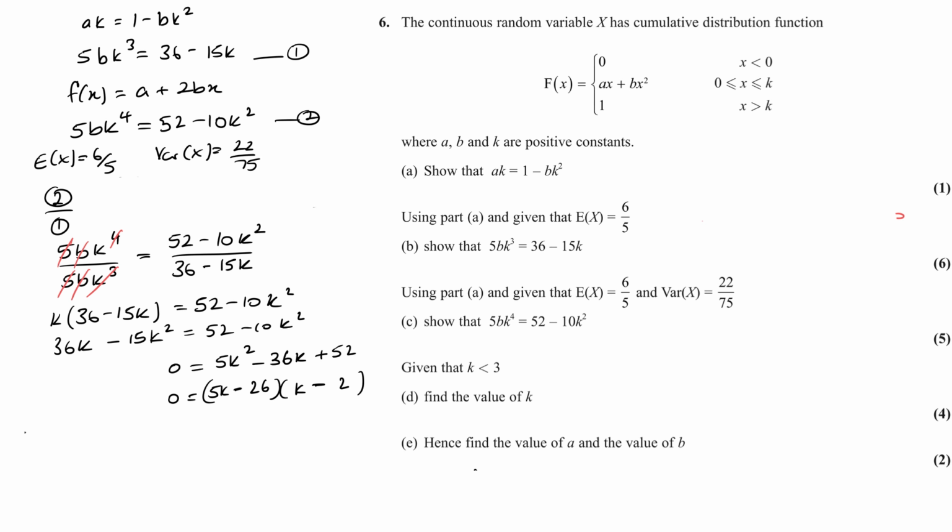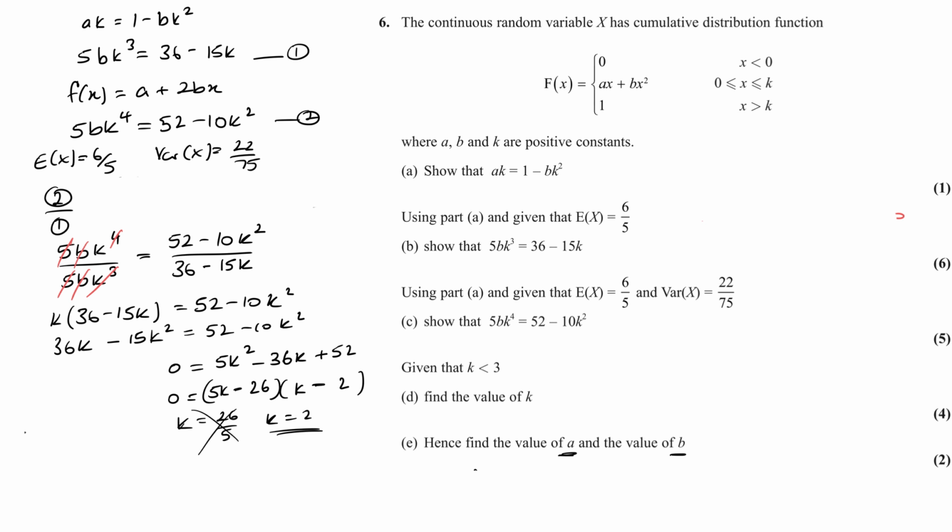Now, so k equals 26 over 5, k equals 2, and 26 over 5 is 5.2, so we don't want that one, we just want k equals 2. And once we've got k equals 2, we can go ahead and find our values of a and b. So all we're going to do is use one of the previous equations now.